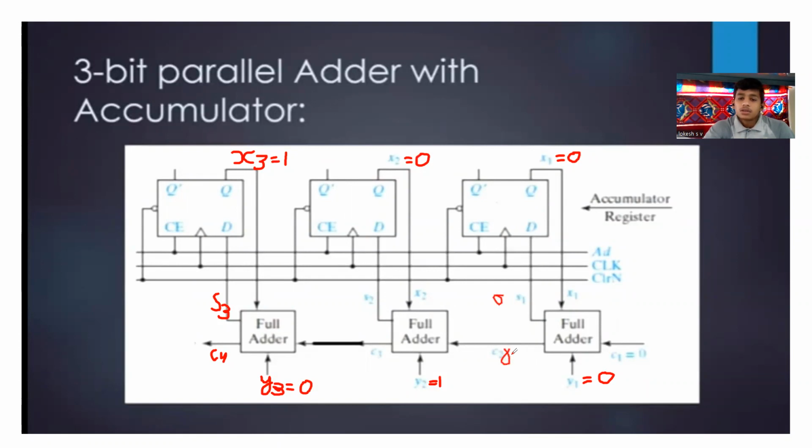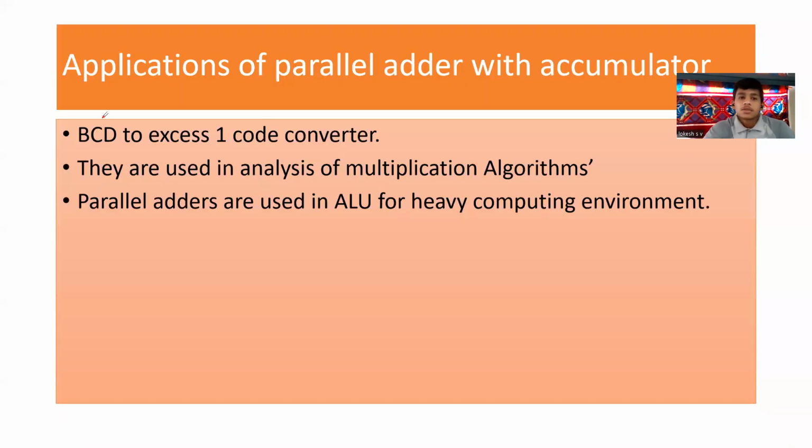By adding 0 and 1, we will get sum 1 and carry 0. By adding 1 and 0, we will get sum 1 with carry 0. So we have got sum as 1 1 0, which equals 6. When we provide one clock signal with add equals 1, the accumulator flip-flops will store the value 6. This is how the 3-bit parallel adder with accumulator works.